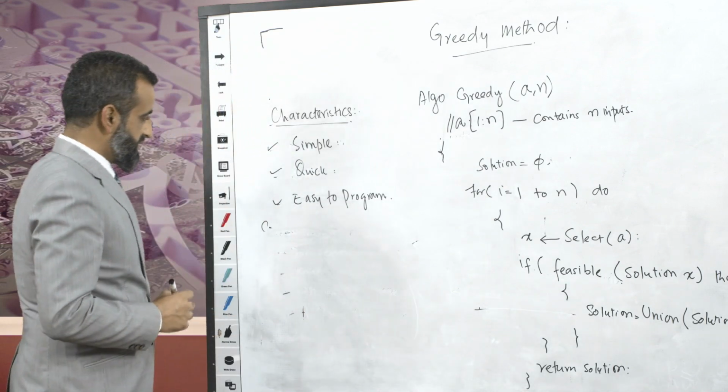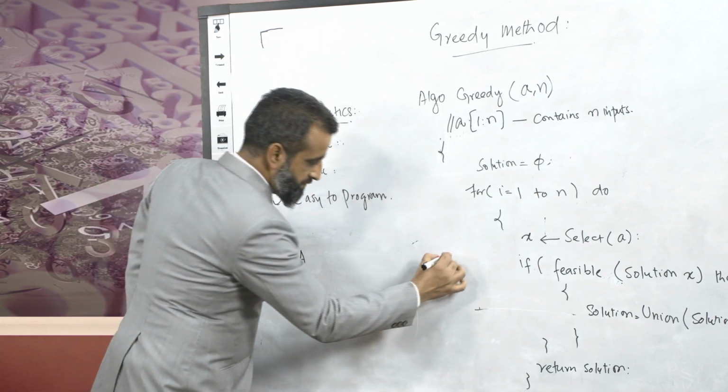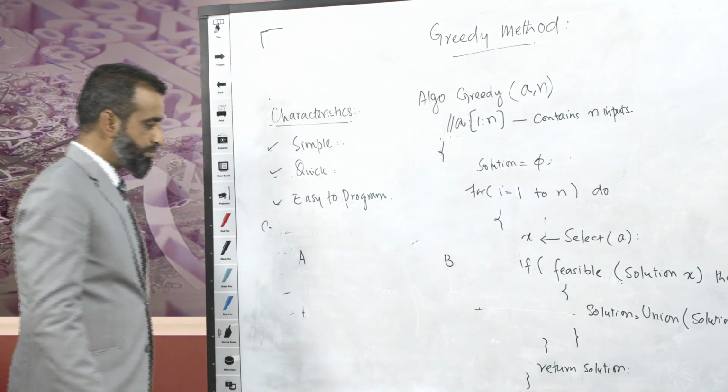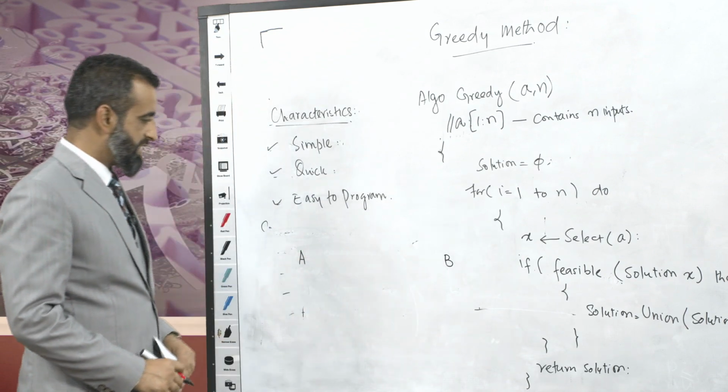Let's take an example for this. Say I have to travel from location A to location B. Let's assume it's a 1,000 mile drive.